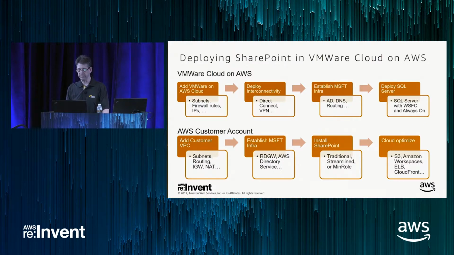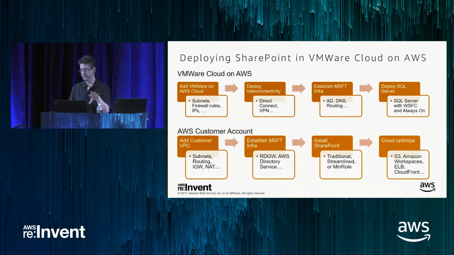And then the last part of the puzzle are some of the things that I was showing on my last few slides of VMware Cloud: how we will integrate SharePoint with S3, Amazon WorkSpaces, Elastic Load Balancers, Application Load Balancers, CloudFront. You could use ElastiCache. You could do log analysis with Redshift.